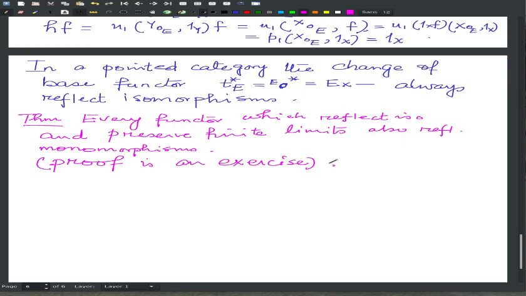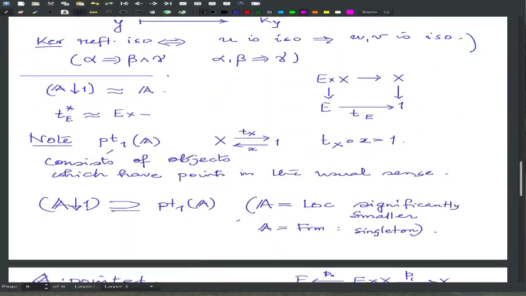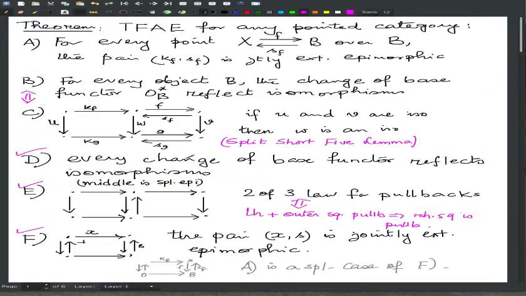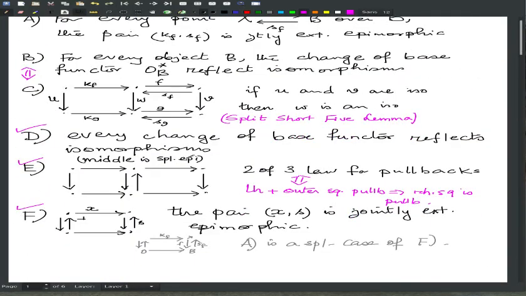So if we have, what we are saying over here is something about the change of base functor reflecting isomorphisms, right?